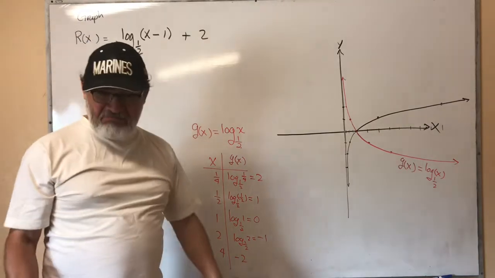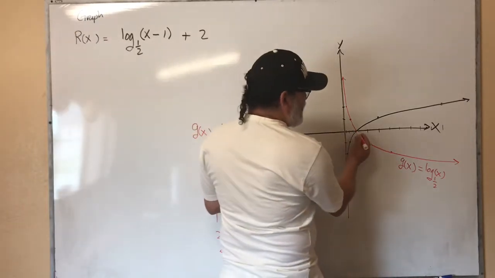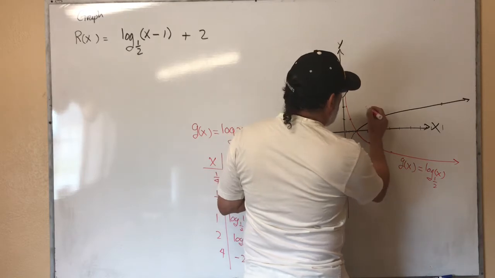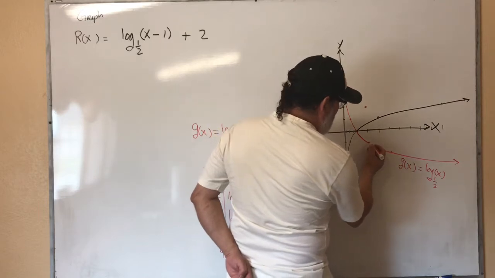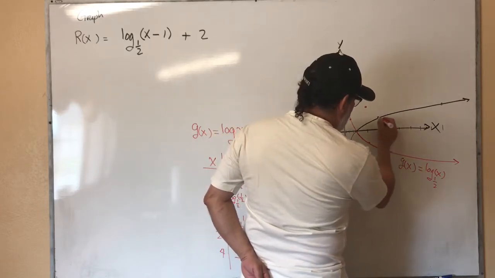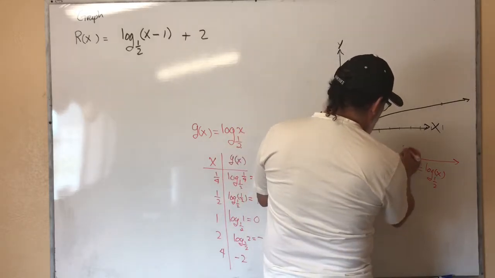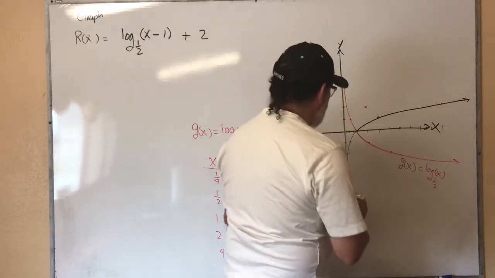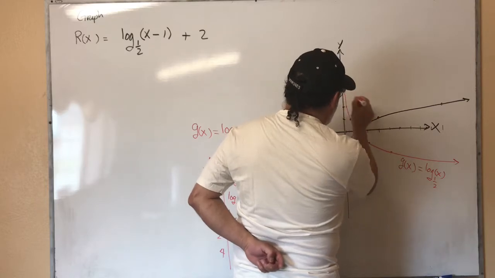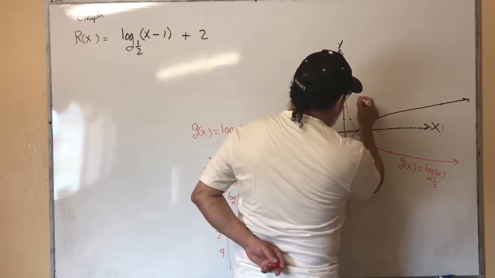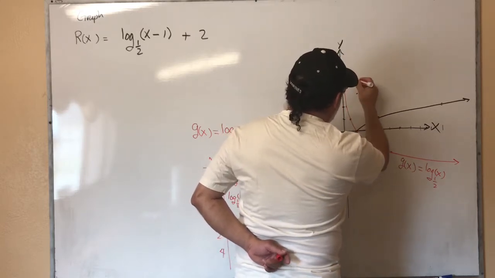Okay, let's graph it. You see this point? 1 unit right, 2 up. Right there. You see this point? 1 unit right, 2 up. Right there. This point, 1 unit right, 2 up. Right there.